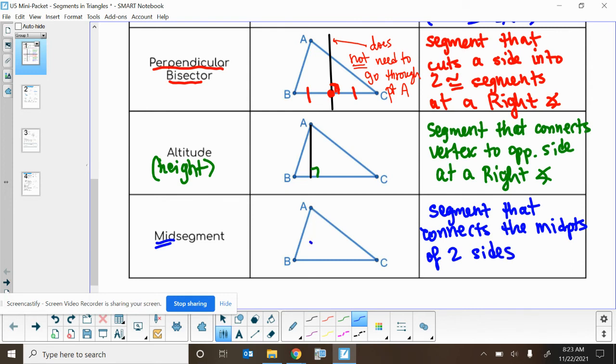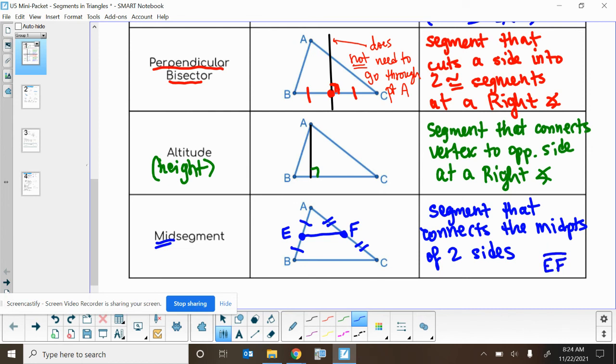So if I have the midpoint of this side, I know it's a midpoint because those two are the same. And then I have the midpoint of this side, which I can tell because those two are the same. Then I have a mid segment. Let's call it EF. And so EF is our mid segment here.